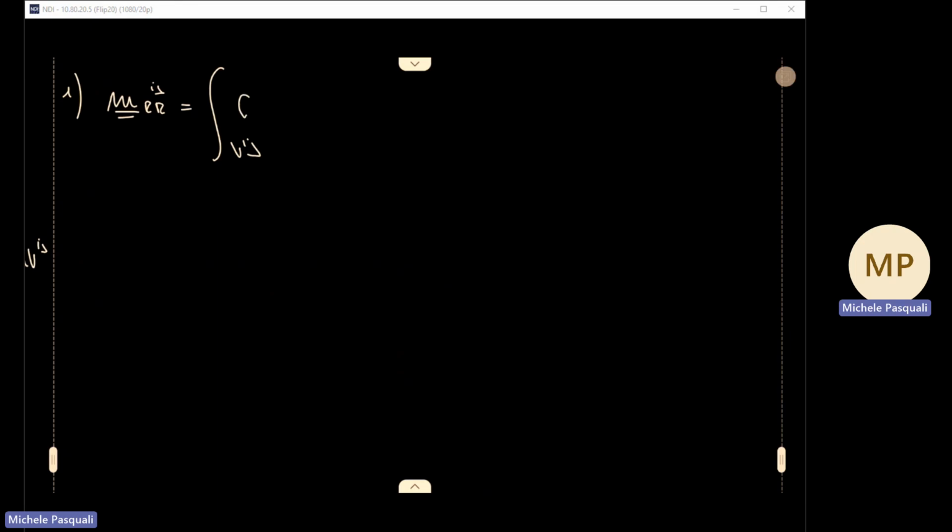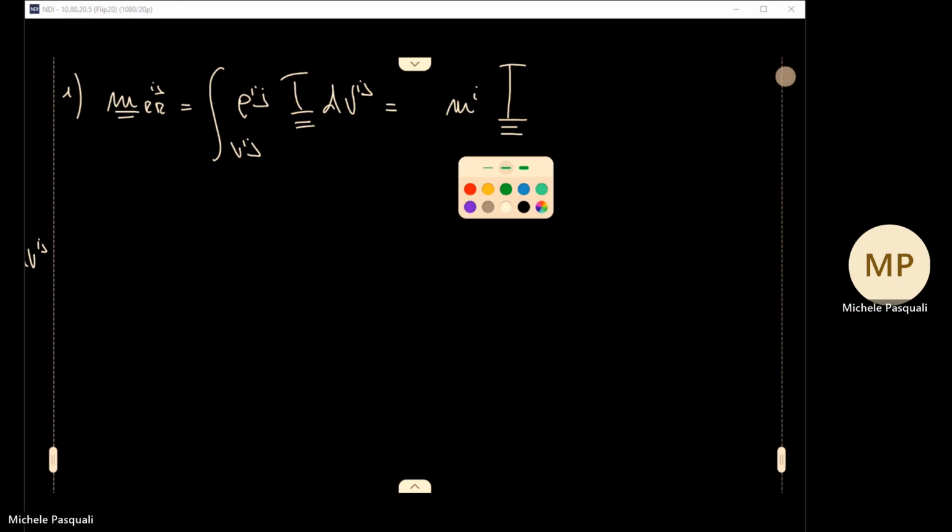Okay, so here we have this, as we know, we have just written it, and as I was mentioning before, this amounts to m_j, which is the total mass of the body, times the identity matrix. Okay, so this is the total mass of the body. So all of the mass, so here the effective modal mass is 100%.